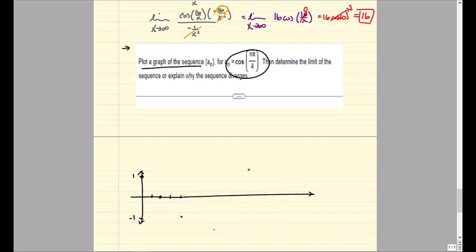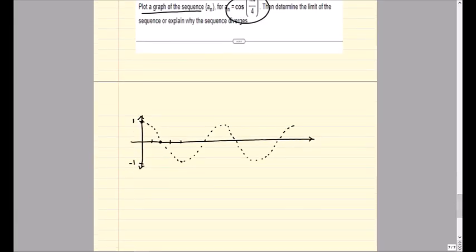Now, because I'm plotting individual points, it'll look something more like this, because it's not continuous, because I'm plotting these little integer values. So right away I can see a couple of things. This graph is bouncing back and forth between negative 1 and 1. So I'm bounded between negative 1 and 1.